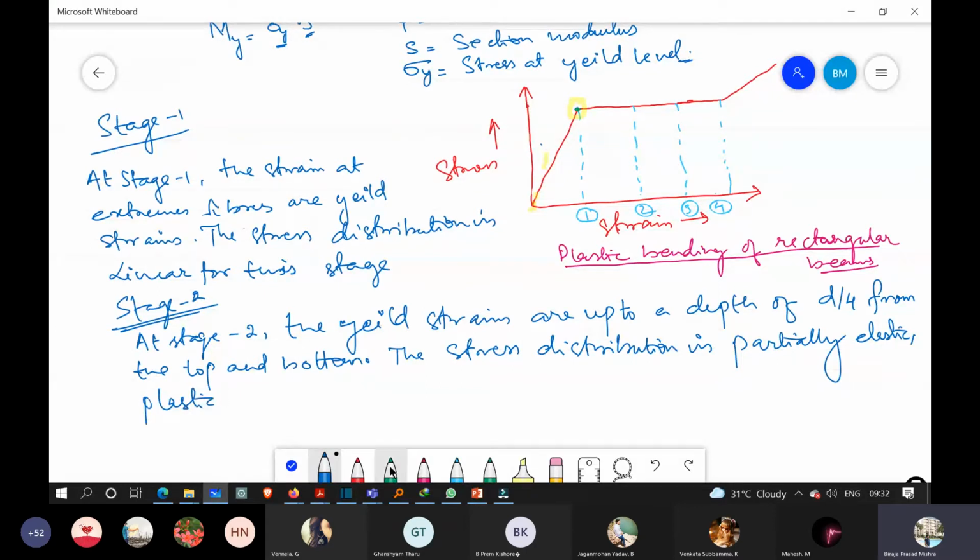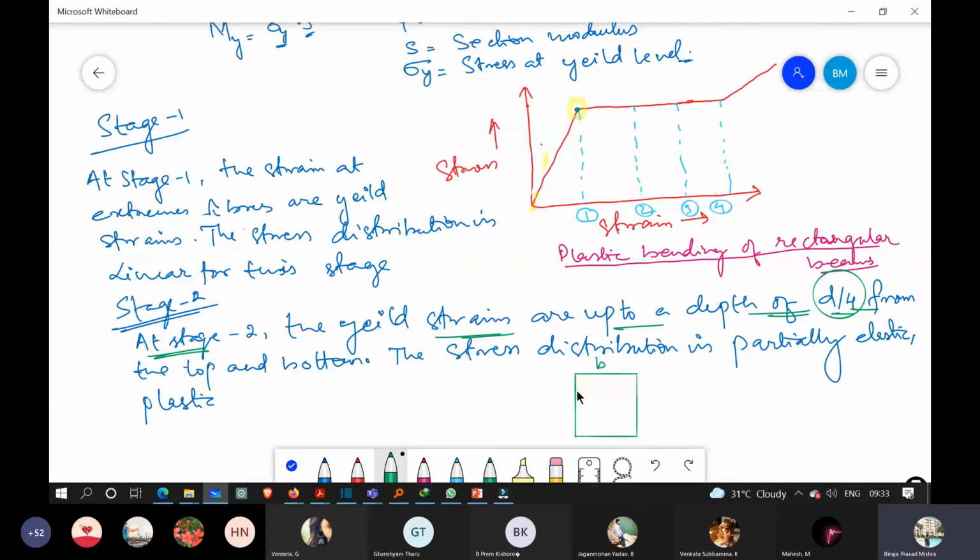Now please focus on this first sentence. At stage 2, the yield strains are up to a depth of d by 4 from the top and bottom. This means that for stage 2, this is the cross section of the beam we are considering.